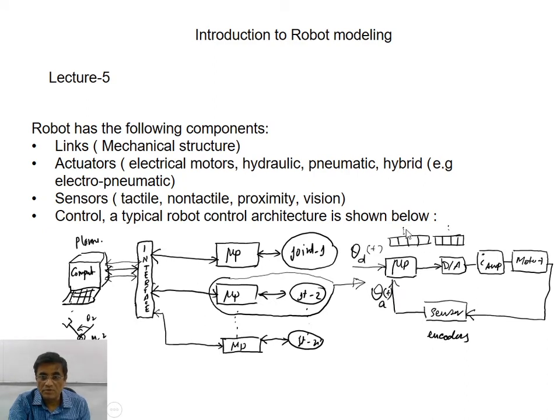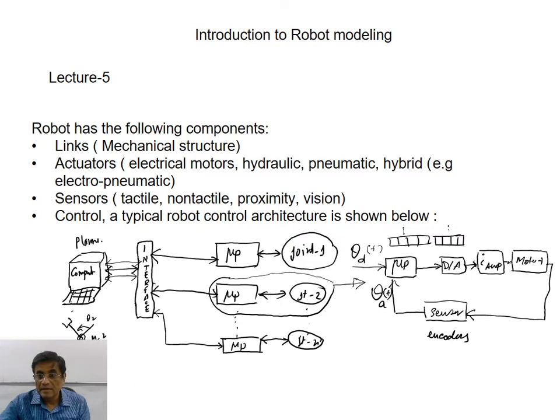Then the microprocessor will compare the contents of the two registers, and if there is any error, positive or negative, of course it will have to act. So far everything is digital, and that cannot move a physical structure. So there is a block which will convert that digital signal to an analog signal, and obviously this is not power electronics, so this signal will be very weak. So normally we need to amplify that signal, so it will go to the amplification box.